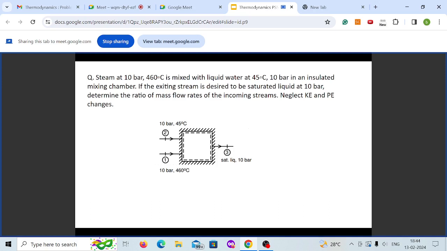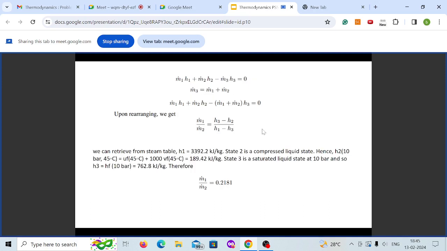So you cannot put them equal, you have to mix them in a certain ratio such that after the mixing chamber, when you take it out, the liquid which is coming out is at saturated liquid condition. So what is the ratio? That's what is being asked.